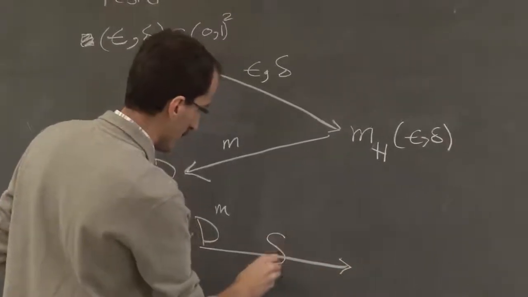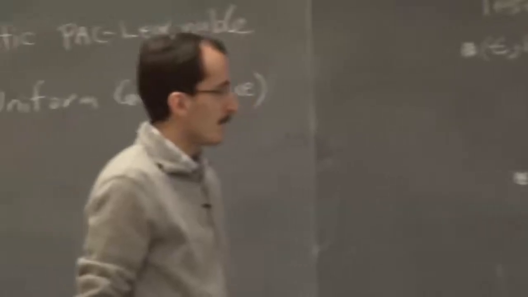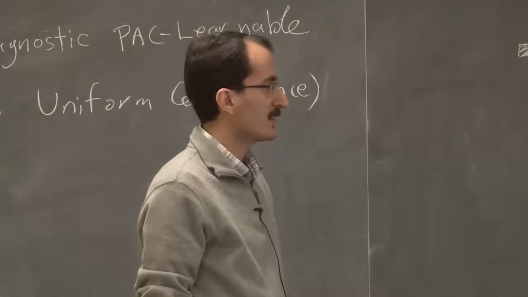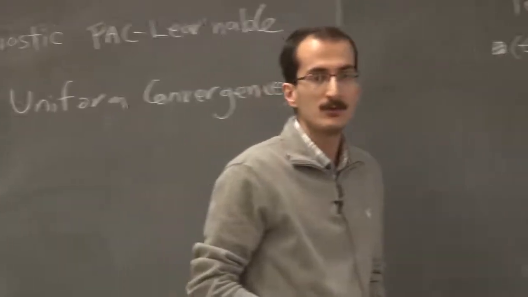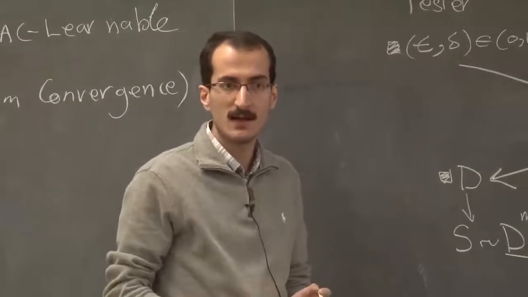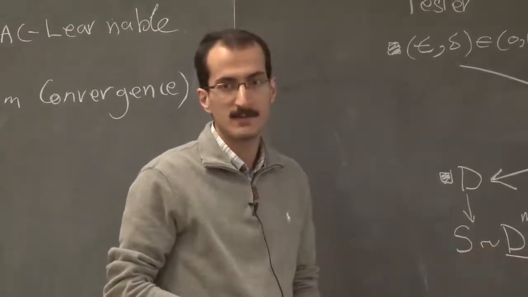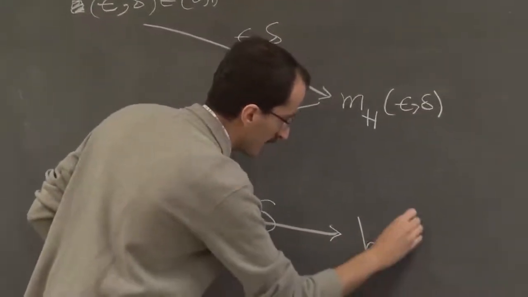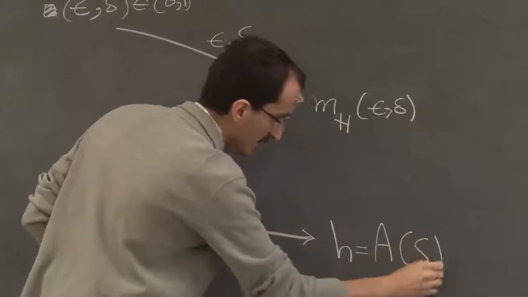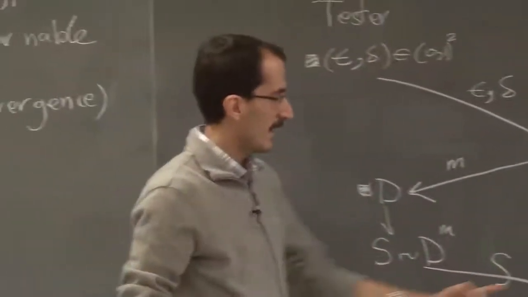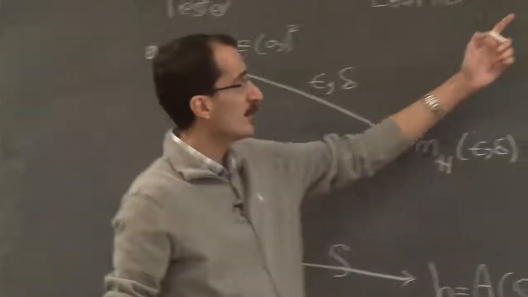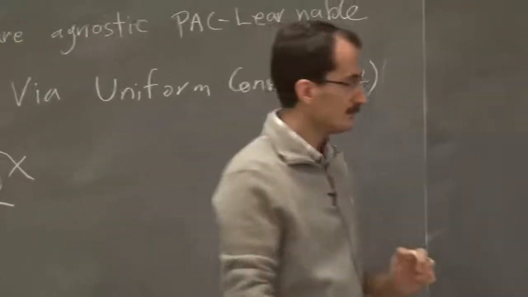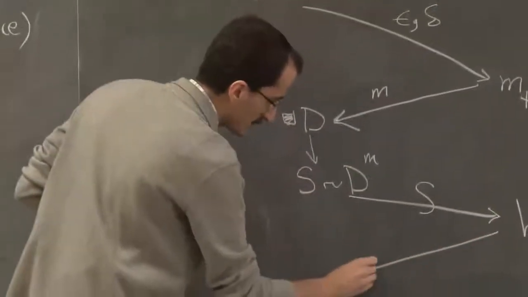So S is given to the learner. Now the learner should have some algorithm to output some hypothesis based on the examples he has seen. So assume that we have some algorithm that takes the sample and outputs one hypothesis, usually one in the hypothesis class. And then says, okay, that's my choice.